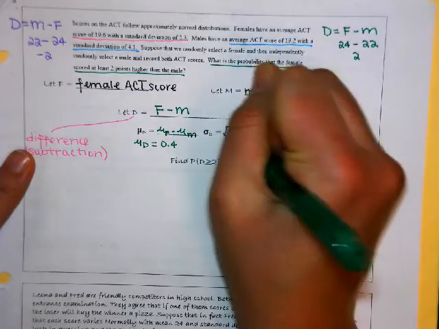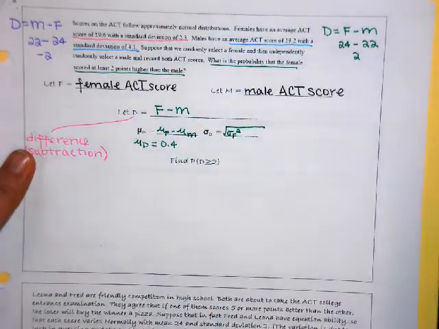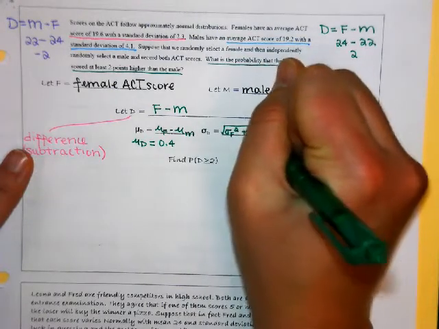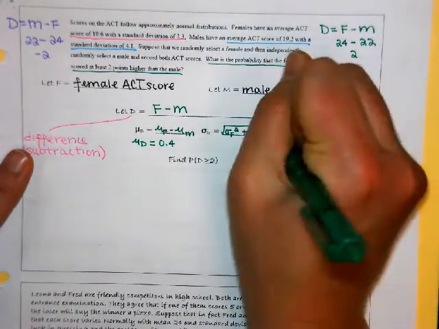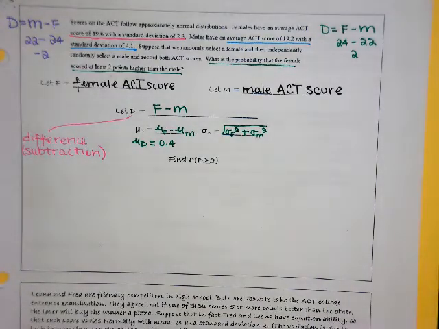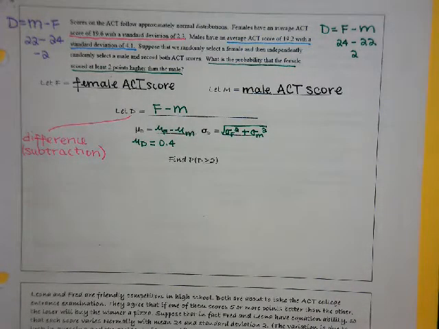And then square root it to get it back to a standard deviation. If you're adding or subtracting, standard deviation is found the same way. If you're adding to find the means, add them. If you're subtracting to find the means, subtract them.